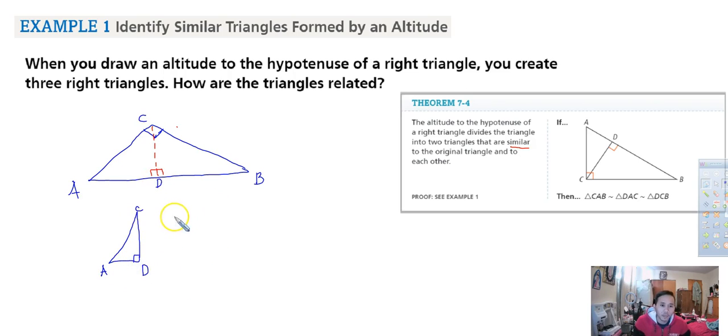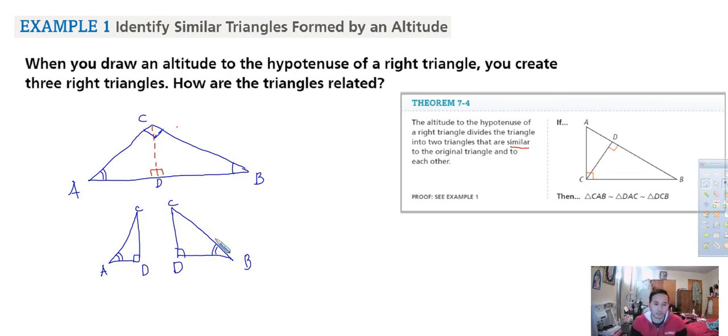That's the first one. And the other one, again a right triangle, has DC here. This is now your DCB, and this is your right angle. So we know that this is angle A and this is angle B.